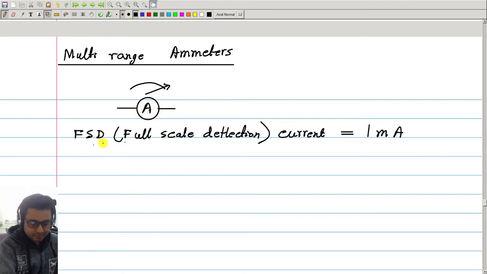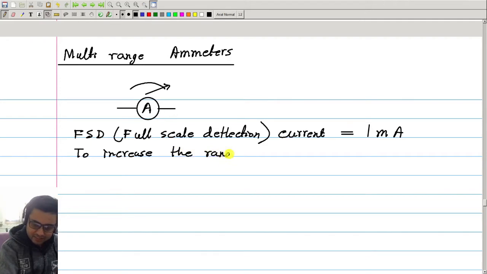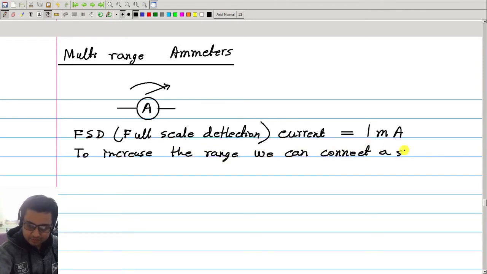What do we do? So, shunt resistance. Excellent. So to increase the range, we can connect a shunt resistance.